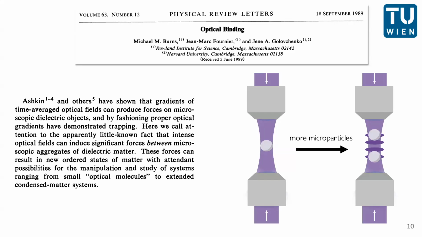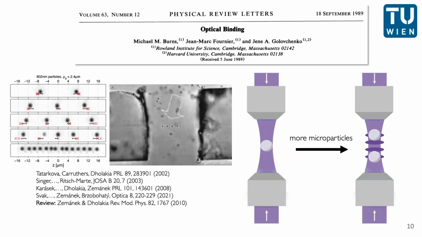And if one of the particles moves, then it wants to pull, of course, the standing wave itself, and that also exerts a force on the other particle as well. And this was done with microparticles, again in liquid, because this is how it was the easiest to be done. So a couple of pictures. This is from the group of Monica Rich-Marte in Innsbruck.